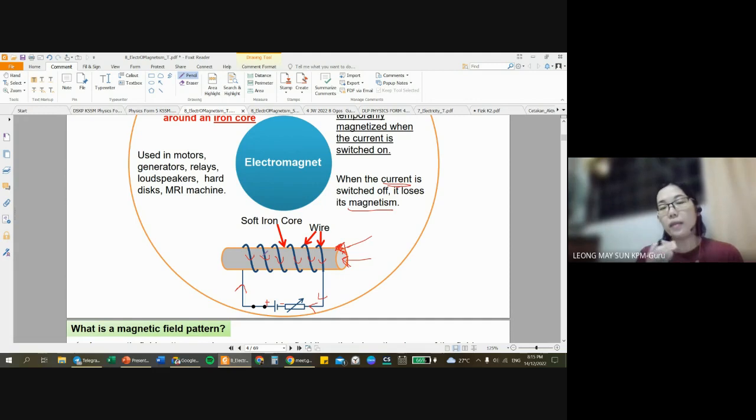So when the switch is off, the current is not moving, and there is no magnetism. The main function of the soft iron core is to enhance the magnetic field lines. It's not to enhance the current flowing.